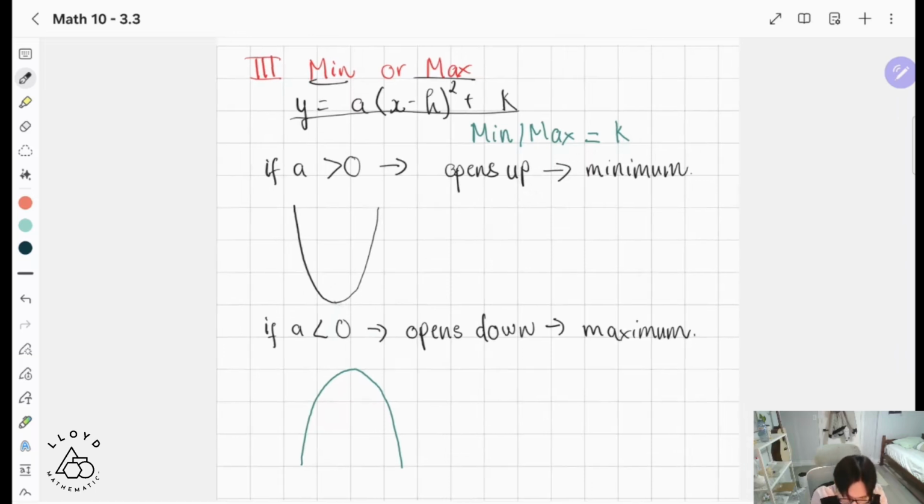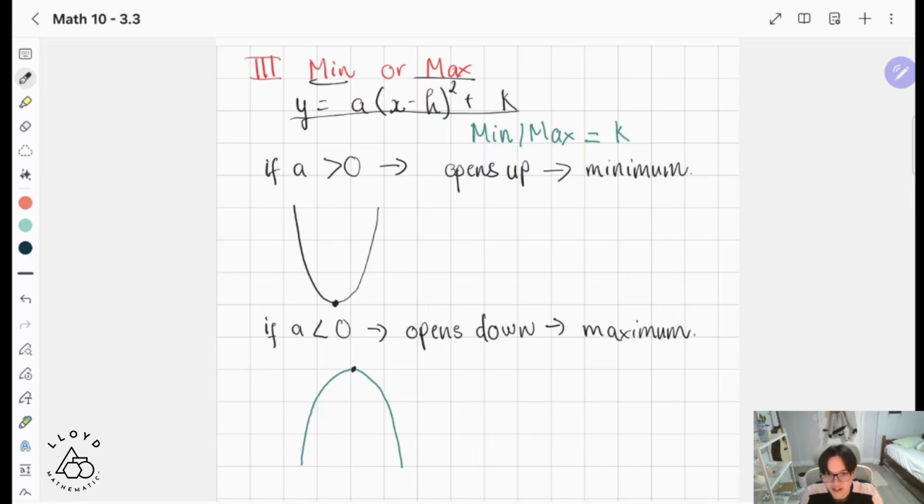The minimum point is this point, because the parabola will not go under this. It cannot reach below this point.